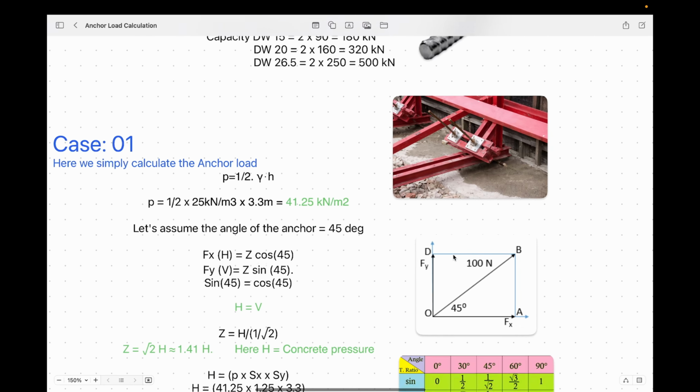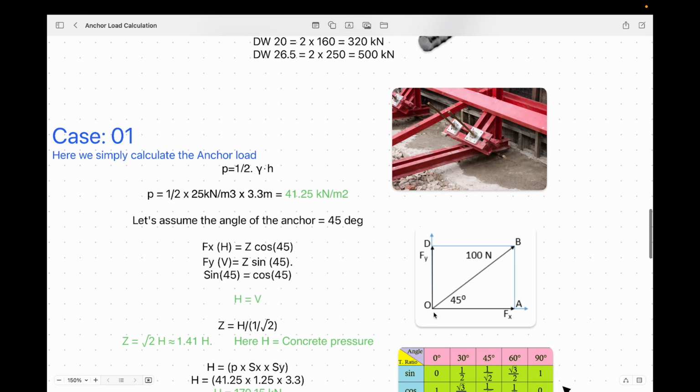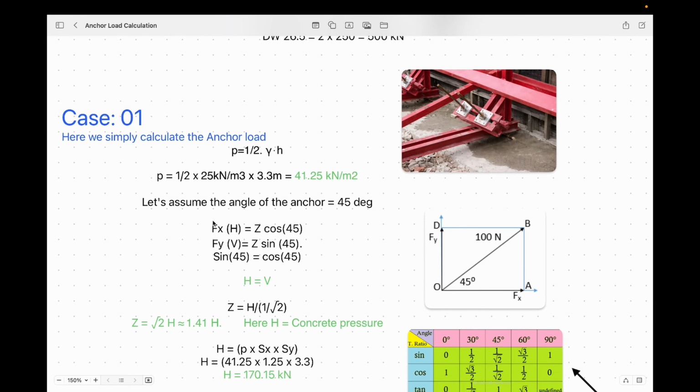The basic physics is, when a force acts at 45 degrees or some angle, there are two force components, Fx and Fy. We already know this formula: I am considering the force as Z. So the horizontal component H is equal to Z cos 45, and the vertical component V is equal to Z sin 45.